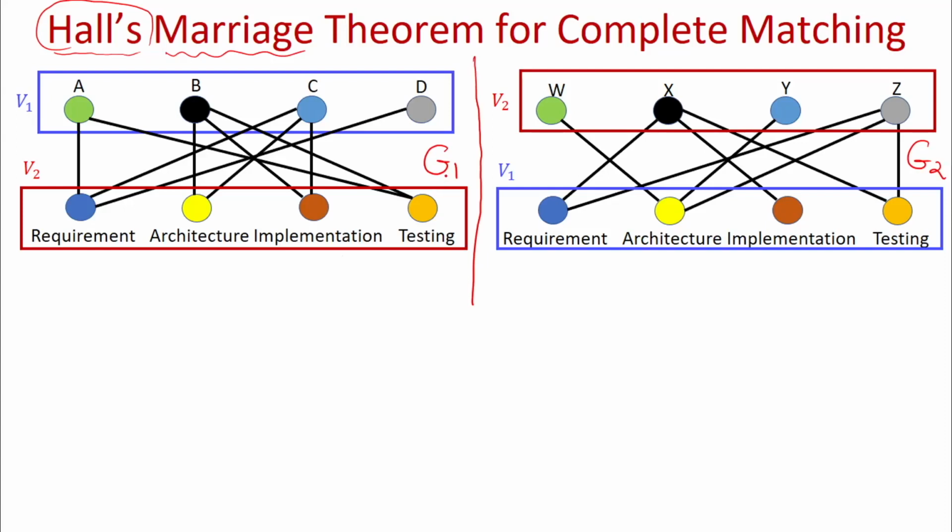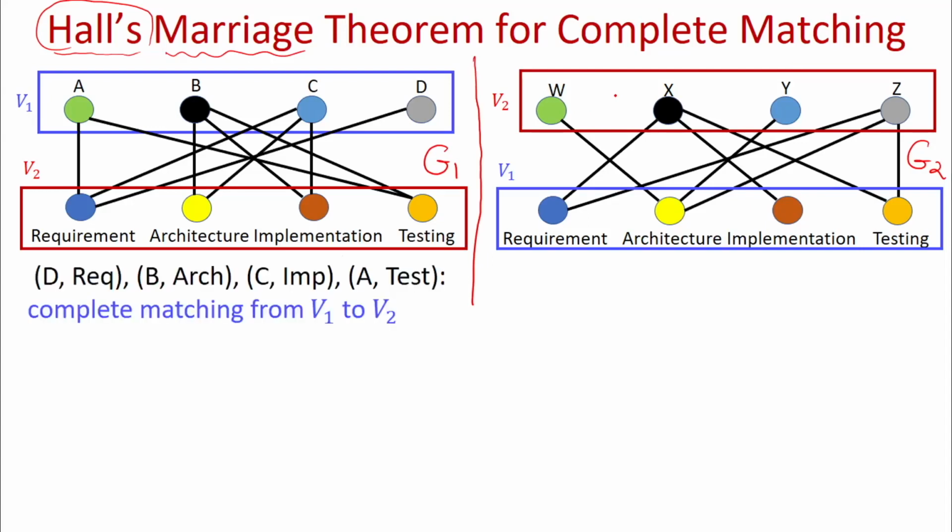Whereas in my graph G2, I have made the skill set the vertex set V1 and the employee set the vertex set V2. Okay, so you can see that in the graph G1, I have a complete matching from V1 to V2. That means I can ensure that all the nodes in V1, namely A, B, C, and D, are matched with respect to the matching that I have formed here.